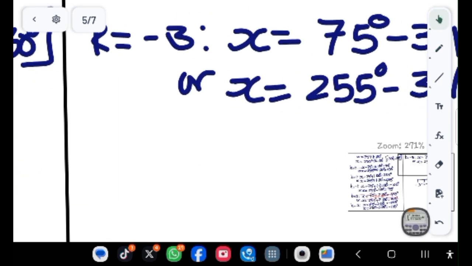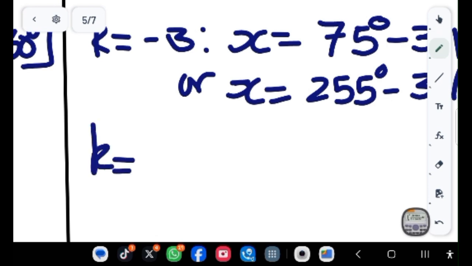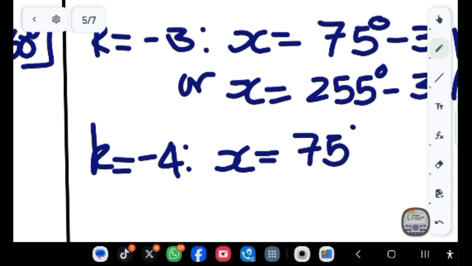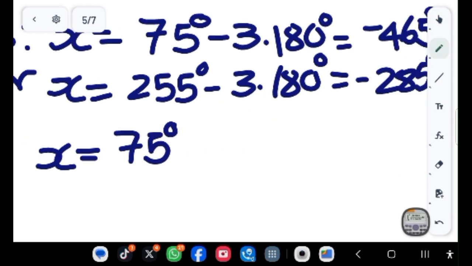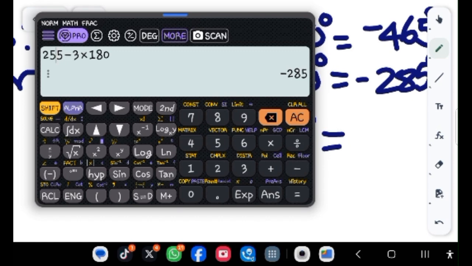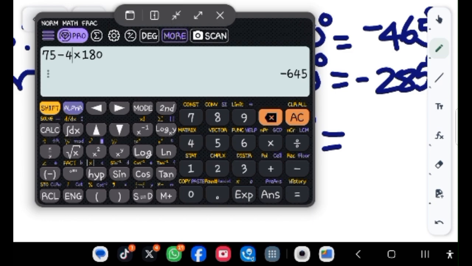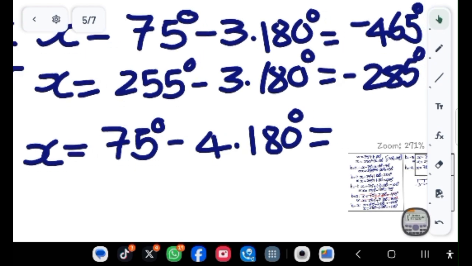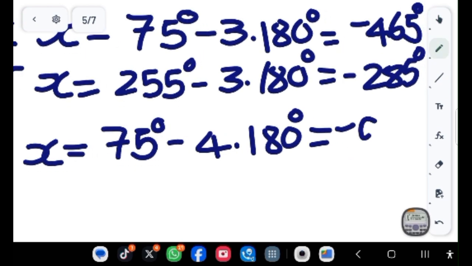Let's try k equals -4 to see if there are any other solutions that are within the restrictions here. 75 minus 4 times 180 gives us -645.